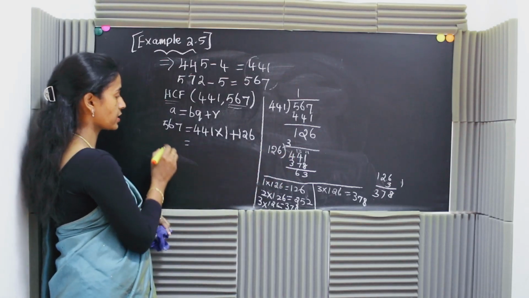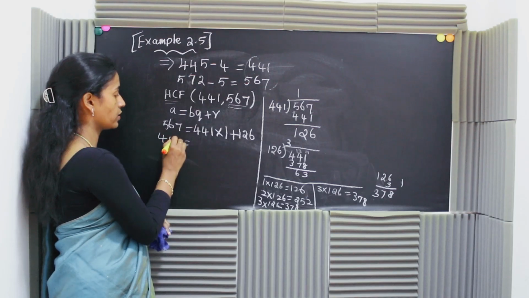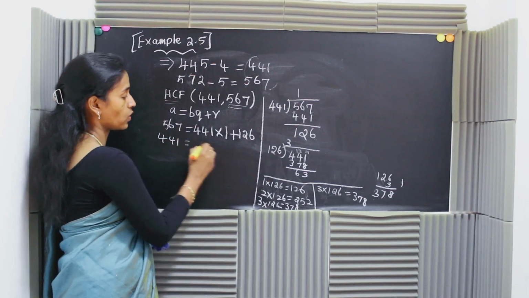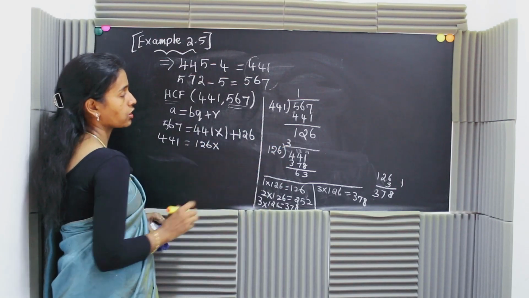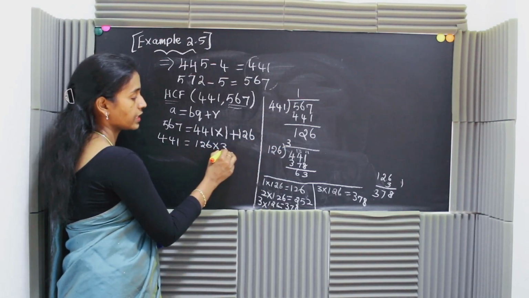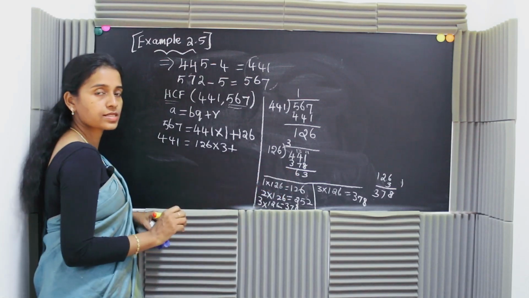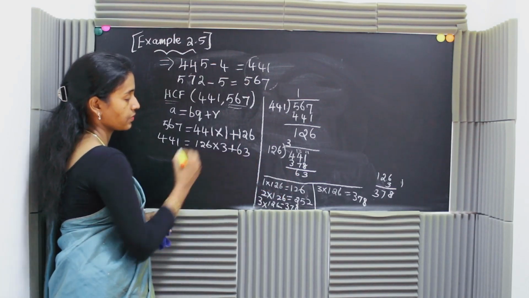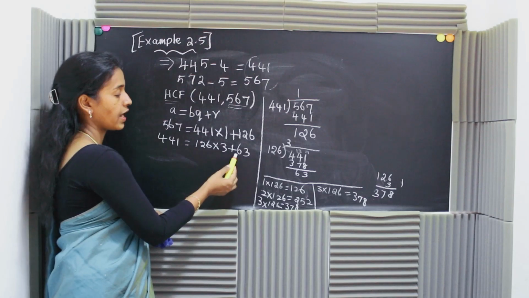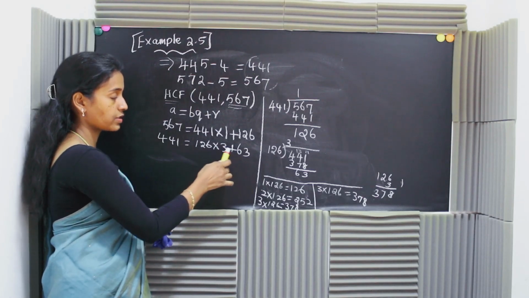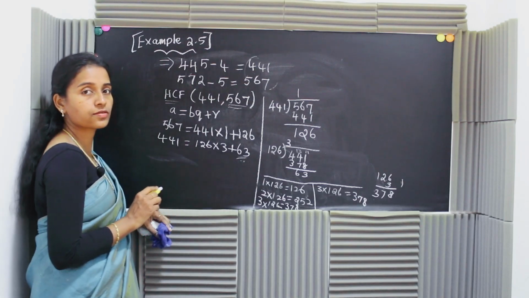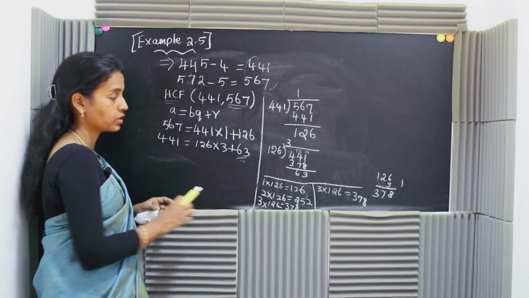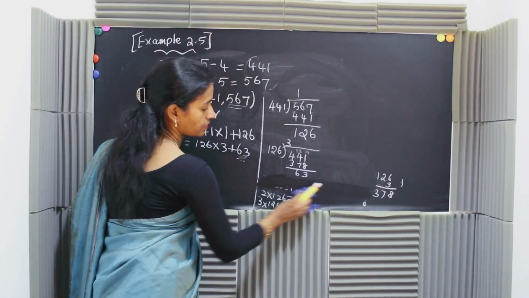Now we can write A is 441, B is 126, Q is 3 plus remainder is 63. Okay. We haven't reached the remainder value 0. Here remainder is 63, so we should continue the division process again.